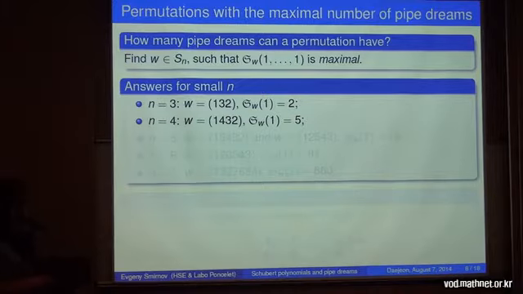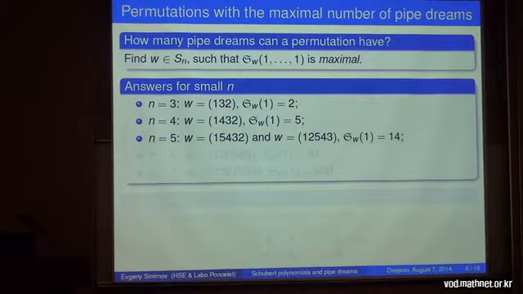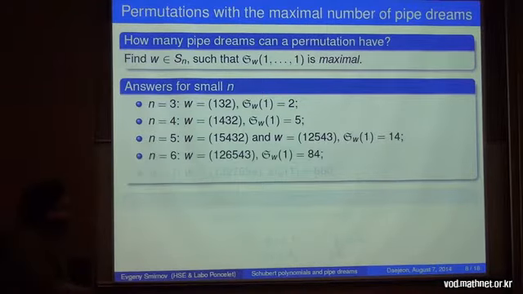Well, when I went further and considered S5, the number of pipe dreams was equal to 14. So I think now you can guess what the next number will be. 2, 5, 14. Well, these are Catalan numbers, right? Wrong.